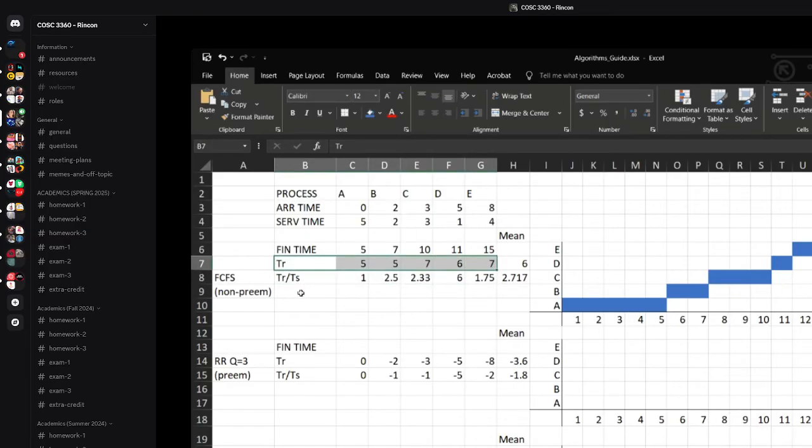Now, just for the sake of demonstrating, this is more like the nerdy statistic kind of thing. You will not be asked about this on the exam, but this basically tells you the turnaround time over the service time. So it's the turnaround time divided by the service time. 5 divided by 2 gets you 2.5. 7 divided by 3 gets you 2.33.